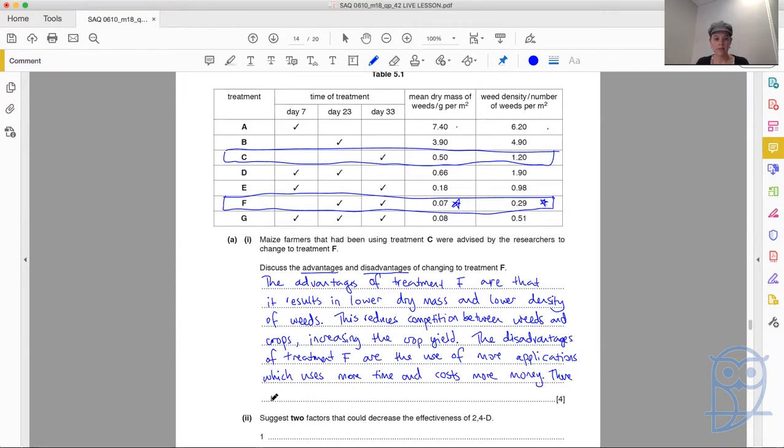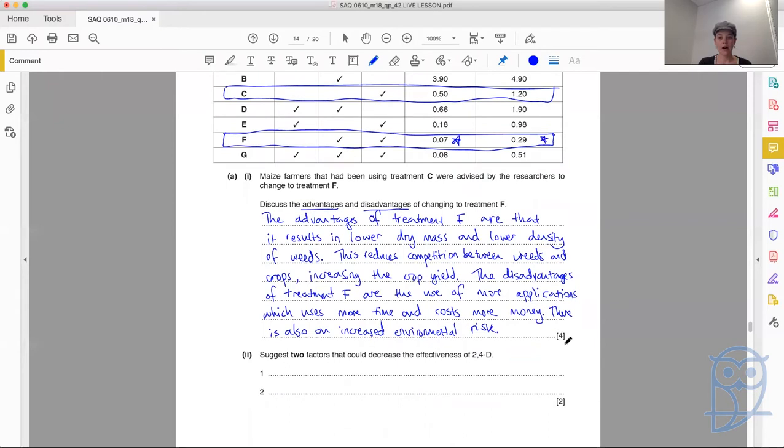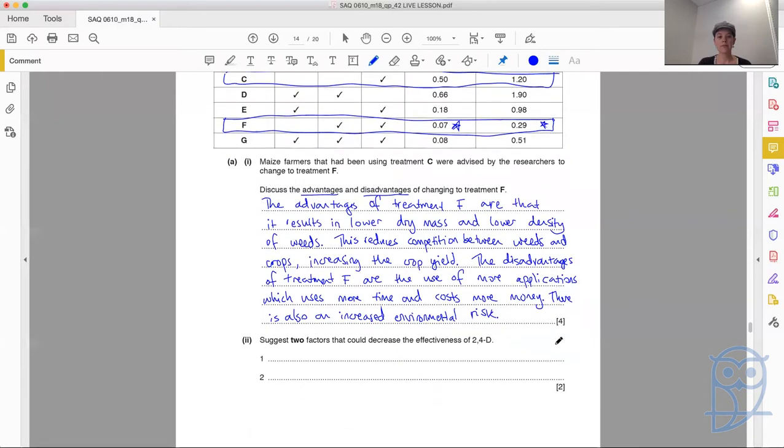There is also an increased environmental risk. So we have advantages and we have disadvantages, and we've certainly covered 4 value points to get our 4 marks.